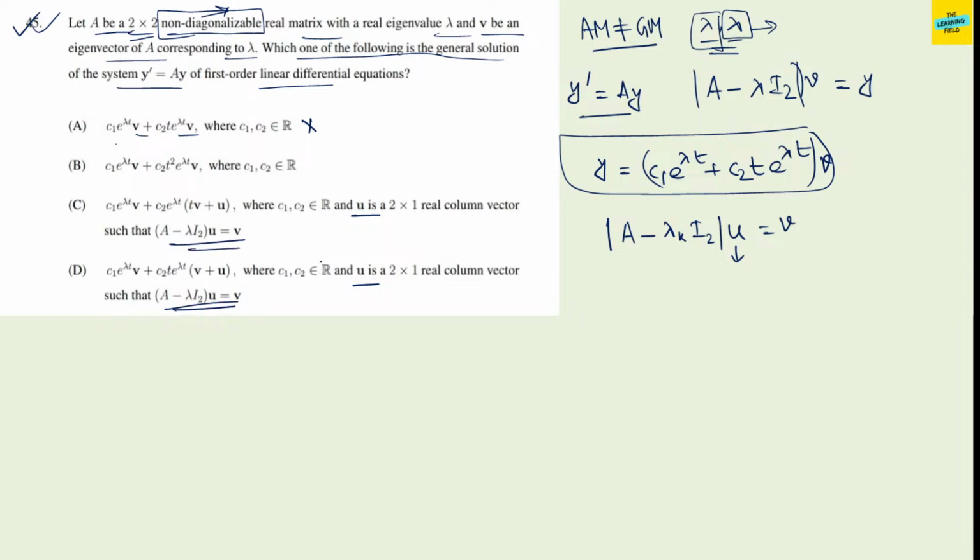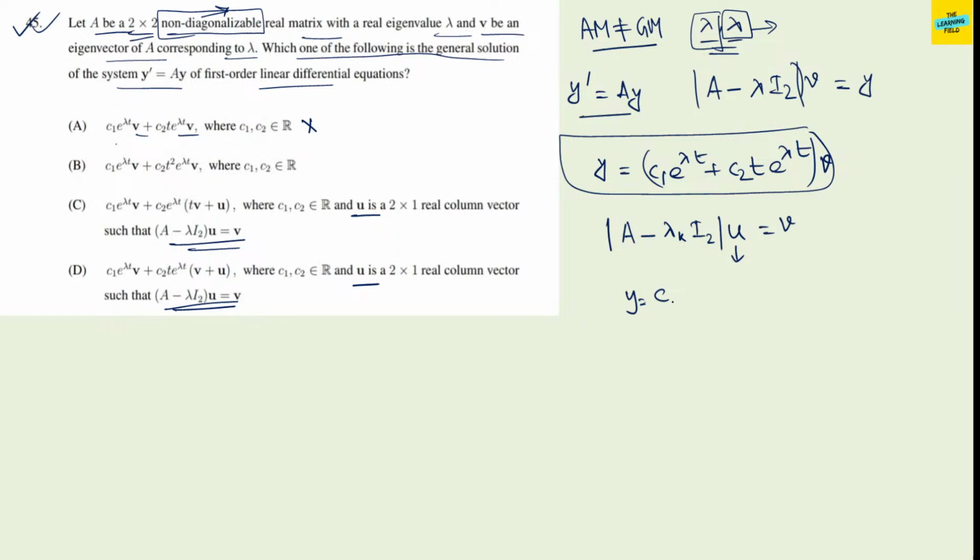This u is the other eigenvector, and the part of the solution corresponding to this eigenvalue u is C2 y equal to this, corresponding to u, C1 or C2 you can take.